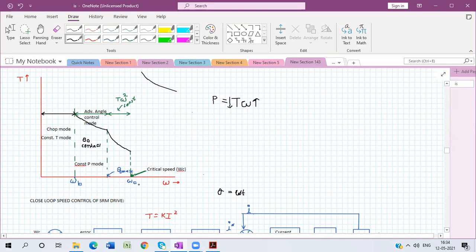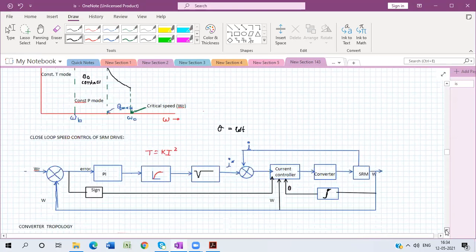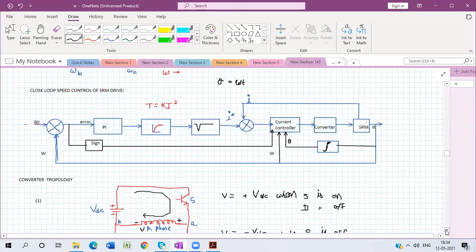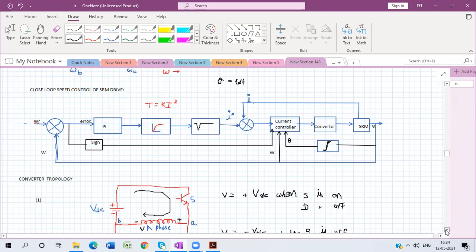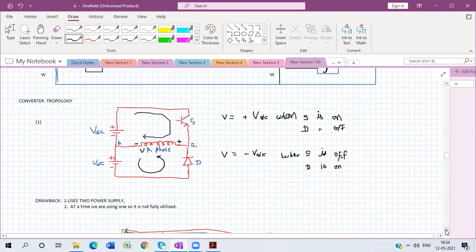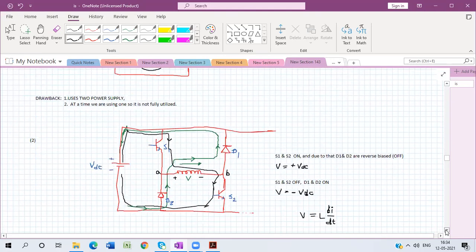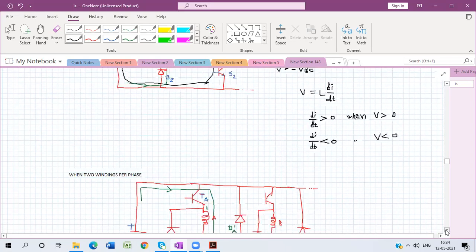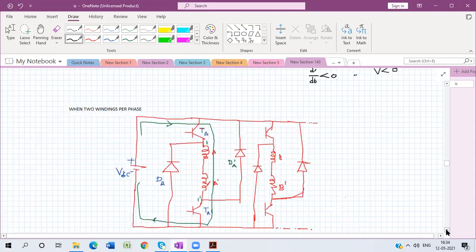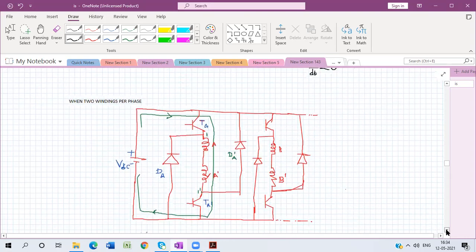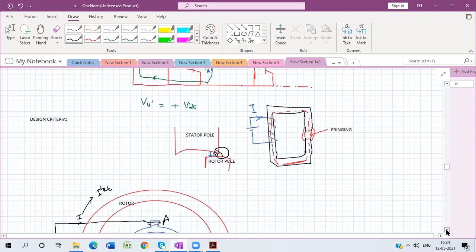What is the critical speed that you have to know? Then we have discussed closed loop speed control, and two converter topologies. This is the third one, with two windings per phase. So in total we have discussed three.